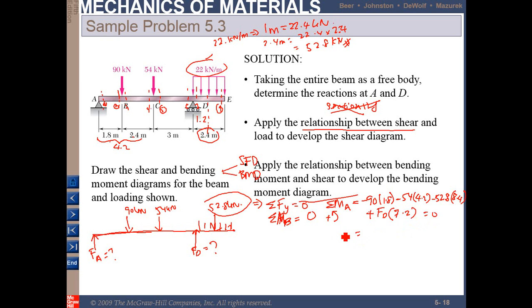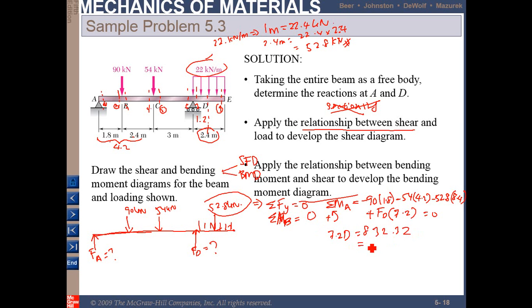So you got 7.2 D is equal to, if you calculate here, you get 832.32.